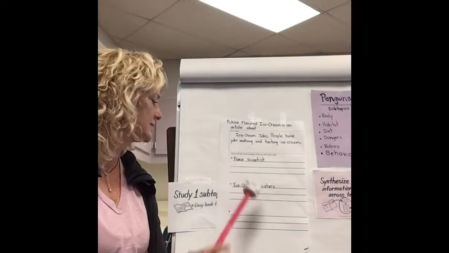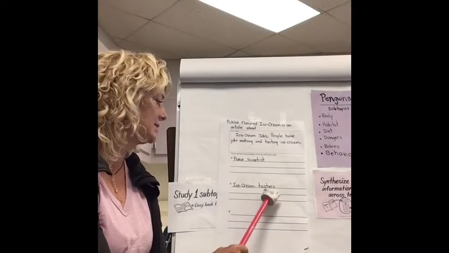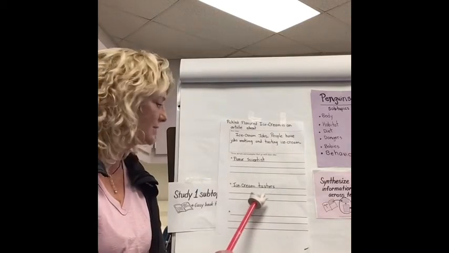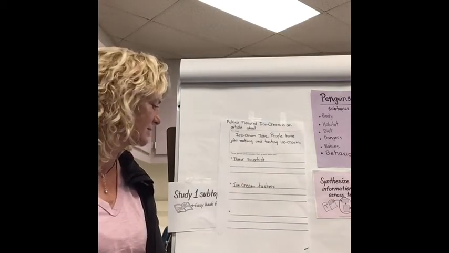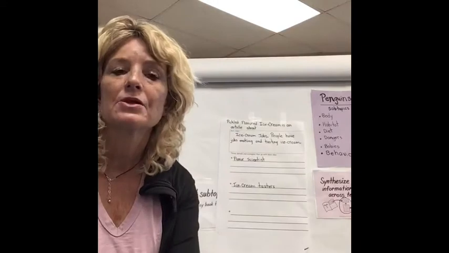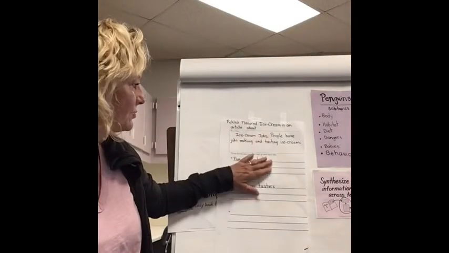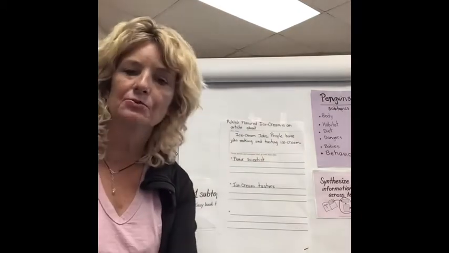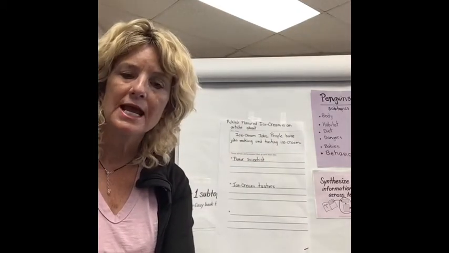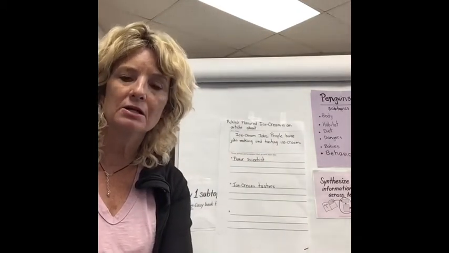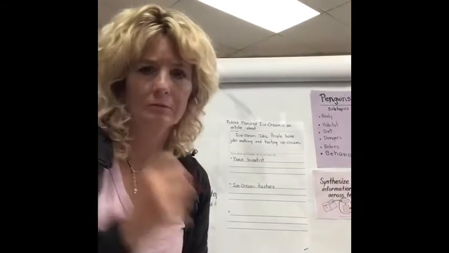You could do a list. And ice cream tasters. So what do ice cream tasters and flavor scientists need to do? Third graders, pause the video, do your summary. I've given you a really smart start, and then come back and we'll talk about question number 2.